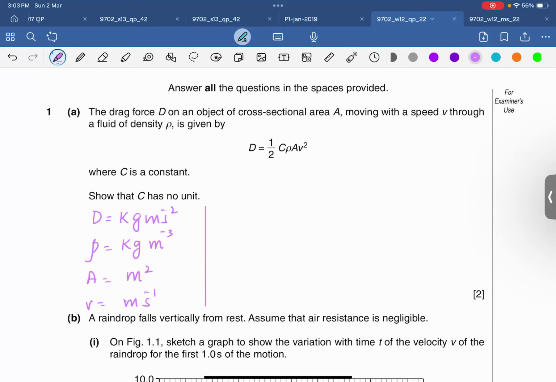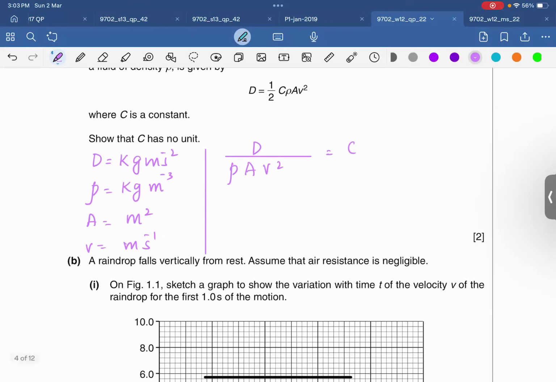Now, ignore 1/2 first and make C the subject and then substitute. So C is D over rho A v squared, and we are showing that C has no units. Please make sure to make C the subject first and then substitute the units, otherwise it will be difficult for you to simplify, and the chances of error will be higher.